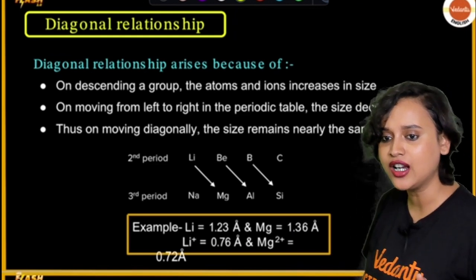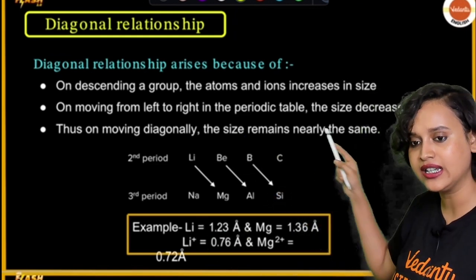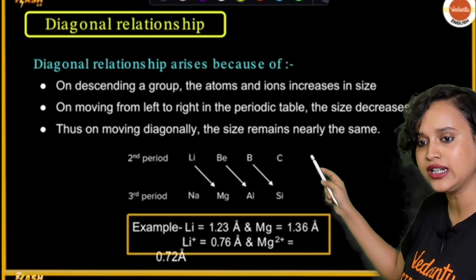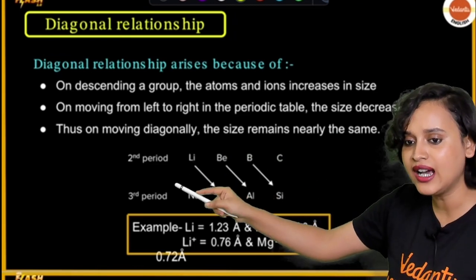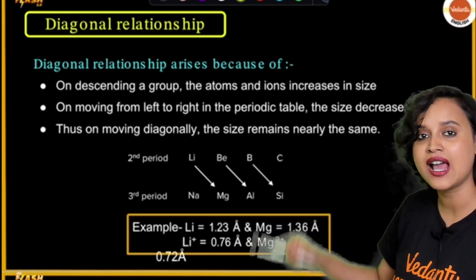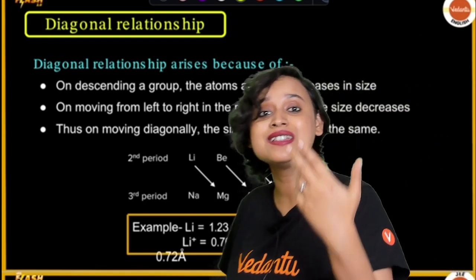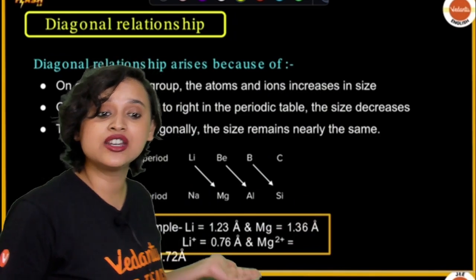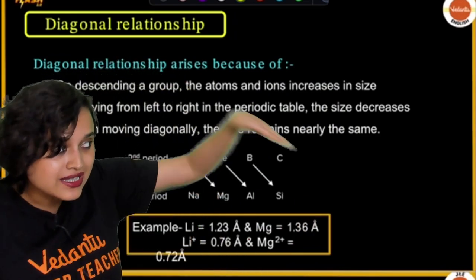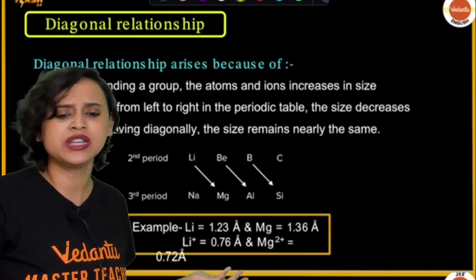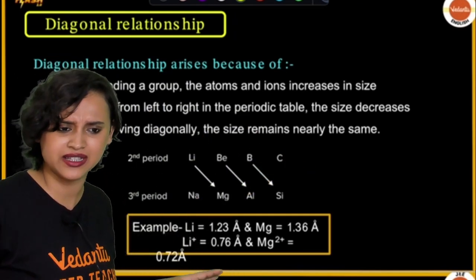On descending a group, the atoms and the ions increase in size. On moving from left to right in a period, the size decreases, and thus on moving diagonally the size almost remains the same, which is why they show similar properties, and because it is diagonal, we call it a diagonal relationship. That's it. Easy peasy, right?